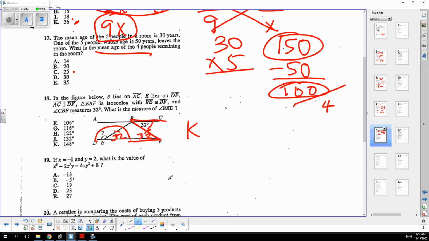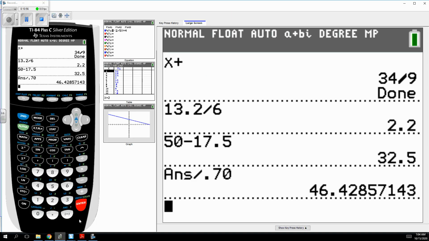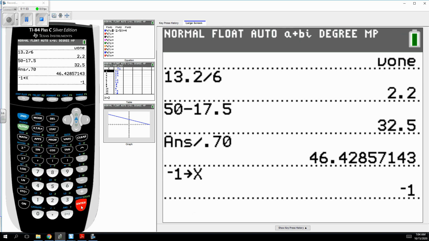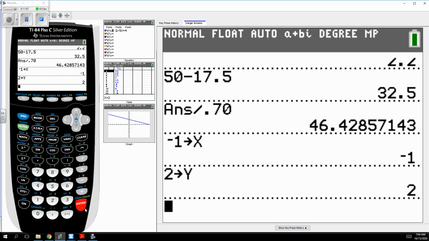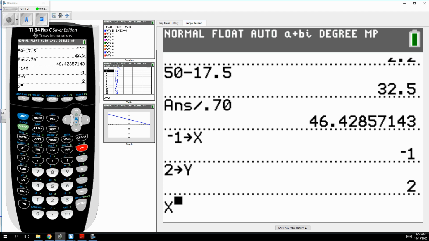19 is a great store model. I'm going to take my calculator and store what? -1, you're my X. 2, you are my Y. Notice I have to hit alpha for that. So are you ready?